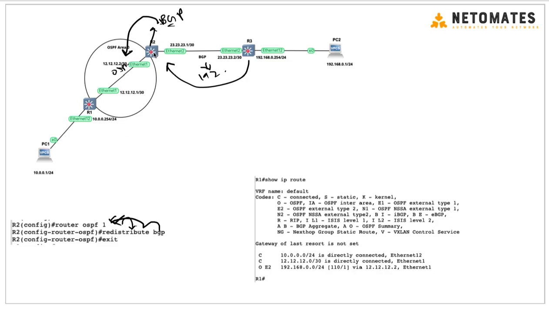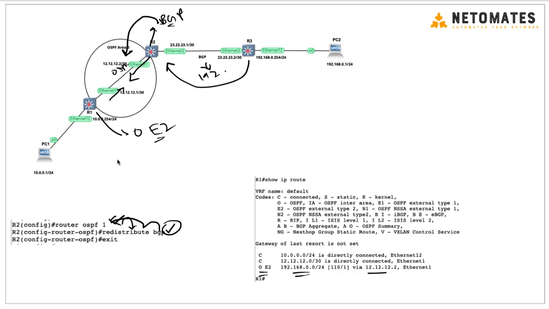What will happen is we are redistributing BGP routes into OSPF, so whenever we do this command it should generate external LSAs from R2 and they should go into this area and reach R1. So now you should expect an OSPF external route on R1 for the 192 network, with this as the next hop.